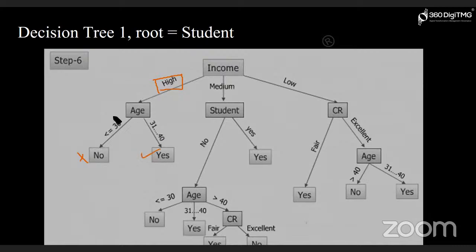So we have made 2 decisions just in this. If your income is medium and you are a student, you will buy a laptop. Another decision made. And if you're not a student, then we split into age and then we split into credit rating. And if your income is low, then we directly go to credit rating and then we go to age.